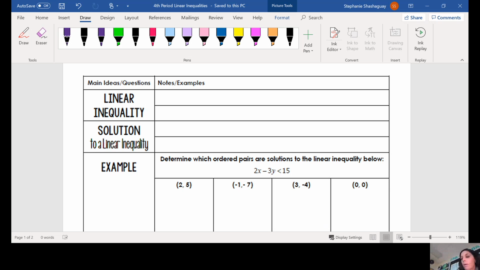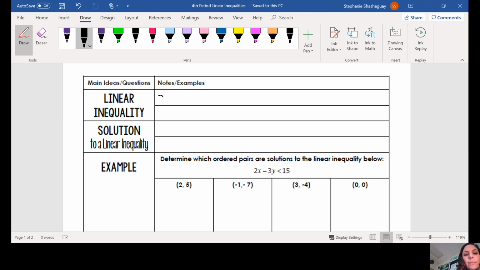So a linear inequality is similar to a linear equation, but it uses an inequality symbol.